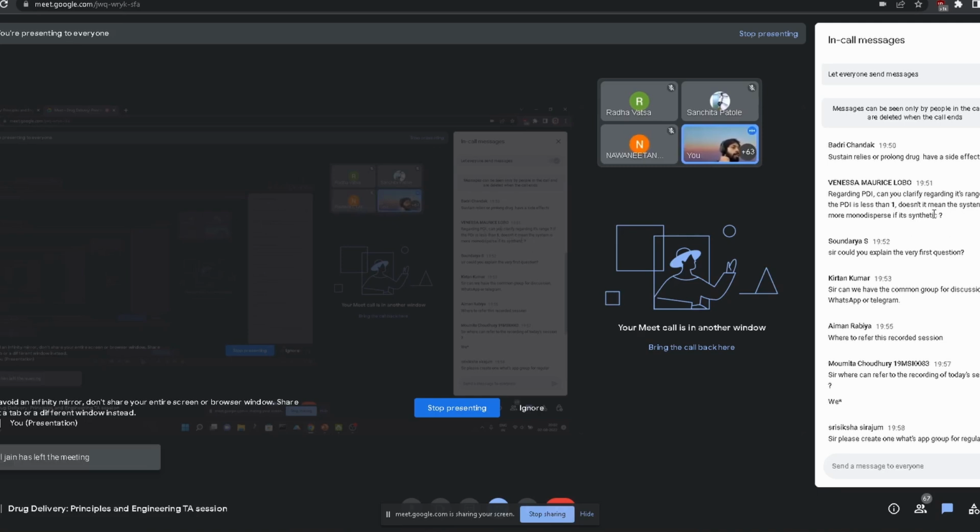Okay, so polydispersity index cannot be less than 1, mostly because the weight average molecular weight of a polymer is always going to be greater than the number average molecular weight of the polymer. Doesn't it mean the system is more monodisperse if it's synthetic? What do you mean? If you're talking about a mixture of polymers, it's generally synthetic, right?